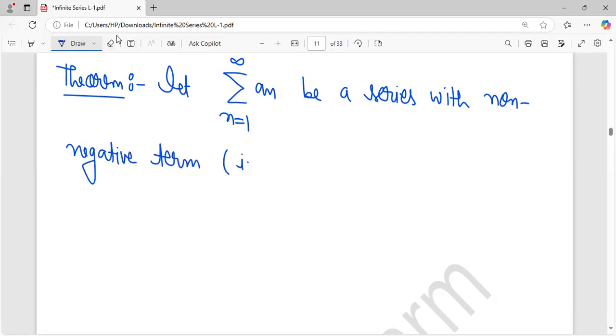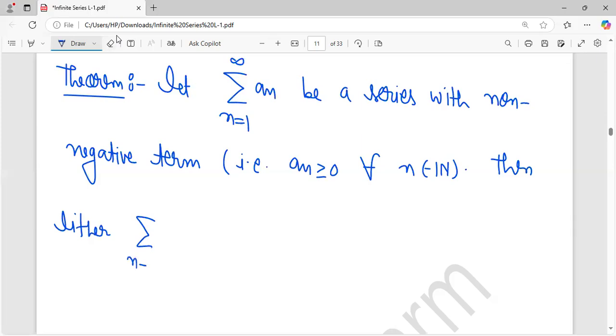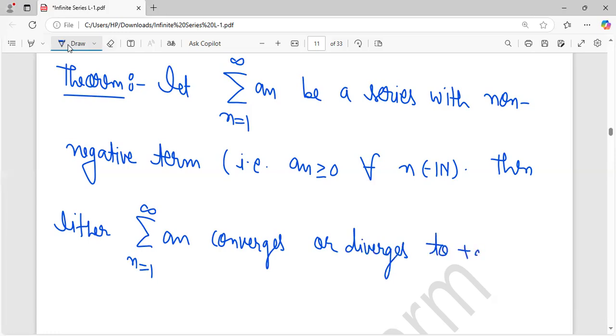It means an is greater than or equal to 0 for all n belongs to N. Then either this series converges or this series diverges to plus infinity. Okay, let's see its proof.